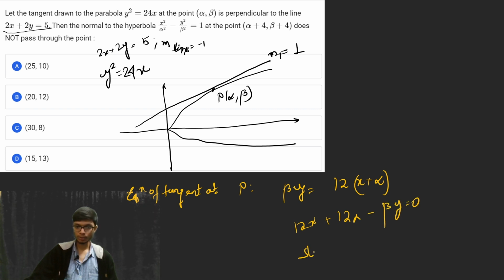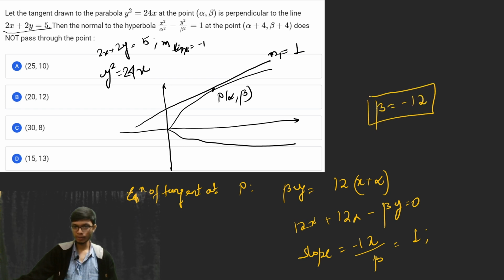So what will be the slope? The slope is basically 12 by beta, and that is equal to 1. So from here you get the value of beta as 12. Actually, very sorry, it will be minus of minus, so that will become plus, because of the slope.